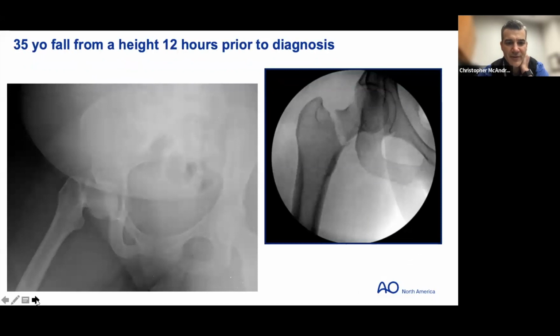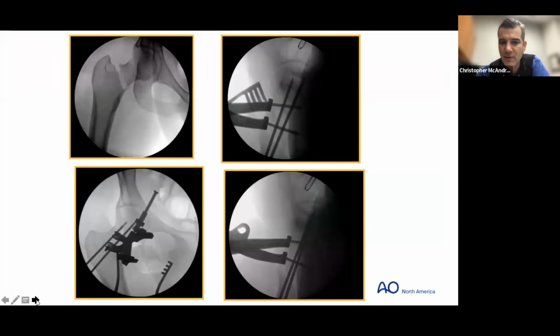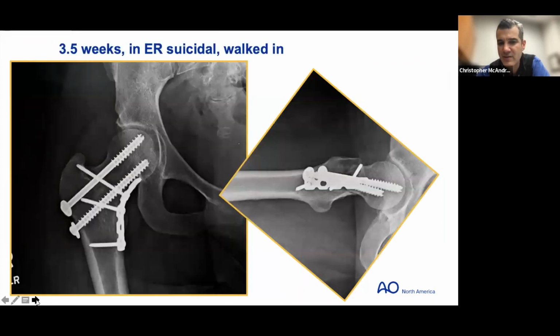So what we did with the 35-year-old who fell from a height, again, very little information, but she did have a little bit of posterior comminution, but not very much. This is a classic, maybe a little higher fracture vertex, a little more proximal than some, but pretty crisp reads. She got an open approach and loaded up with the Young Booth clamp, wires, and then cannulated screws at first. That allowed us to rotate the hip and build something that was going to resist the shear.